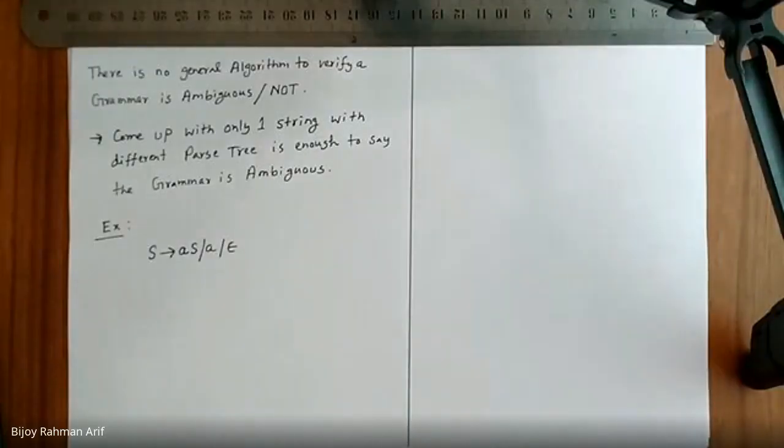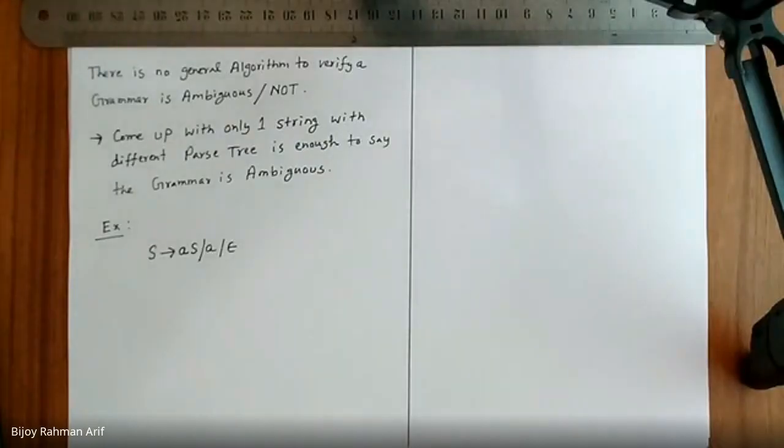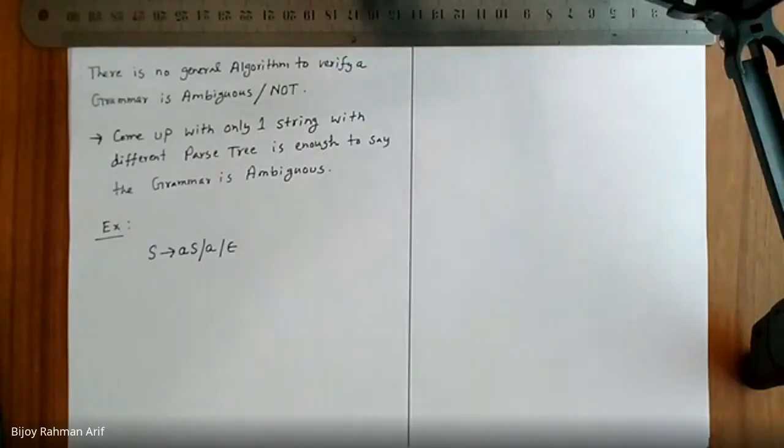So we have to come up with different parse trees for a string. What would be the string and what would be the parse tree? The string will be AA. Then how can you derive two different parse trees for AA?